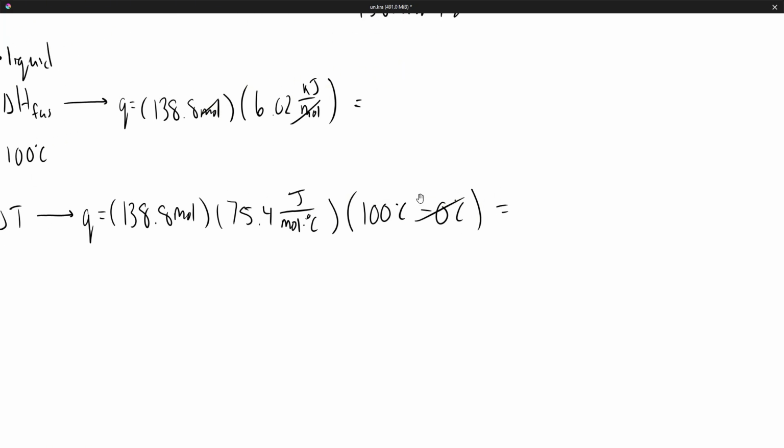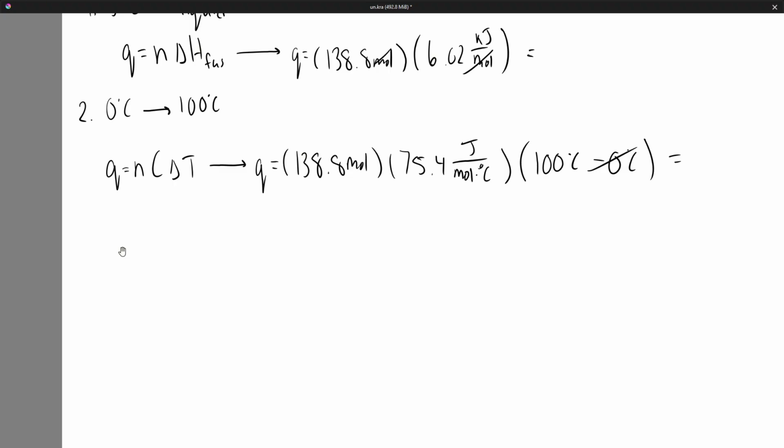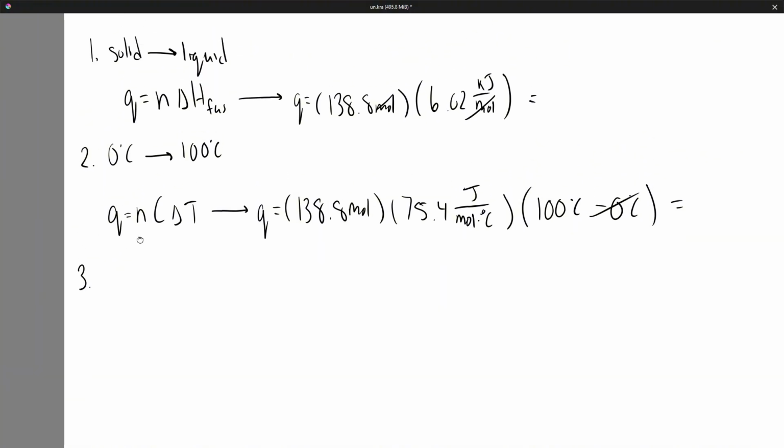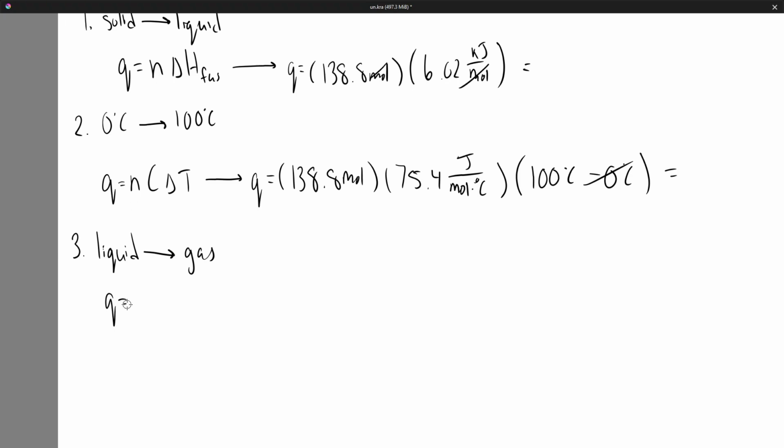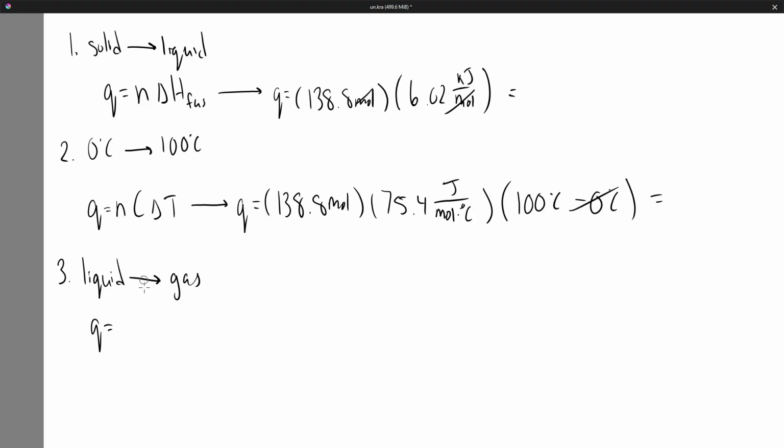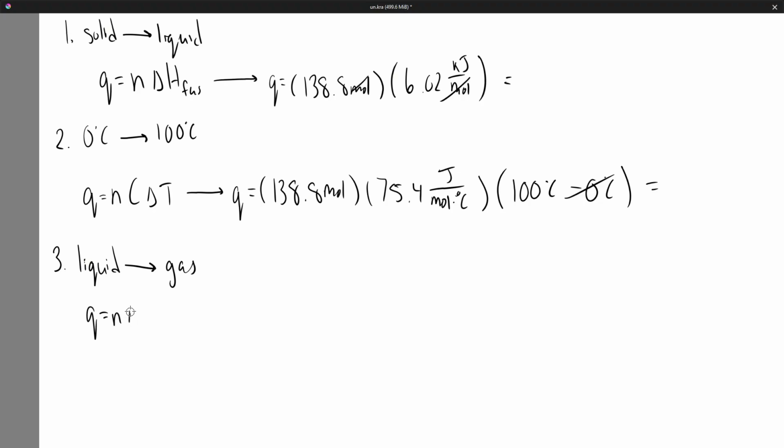And that should give us an answer in joules. So now the third step is the phase change from a liquid to a gas. So we use this equation again, but instead of using the heat of fusion, we use the heat of vaporization. So we just plug those in.